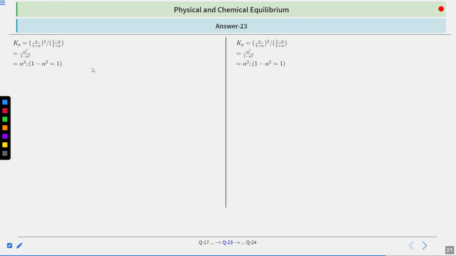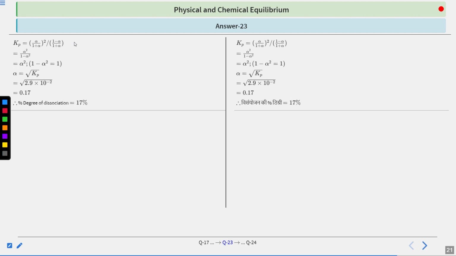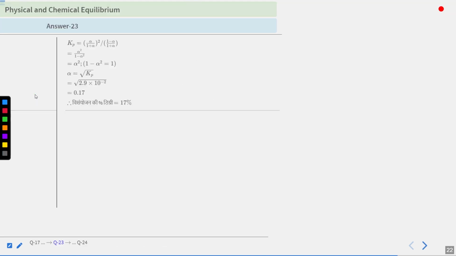So our equation is becoming alpha square equals Kp, or we can write alpha equal to root under Kp if you bring this square on this side, or root under 2.9 into 10 to the power minus 2, because this is already given, which will be equal to 0.17. So we can write the degree of dissociation as 17% if you multiply this by 100. So this is your answer.